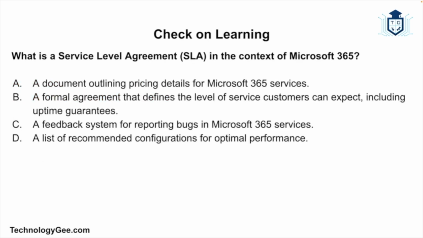Next question. What is a service level agreement in the context of Microsoft 365? Is it a document outlining pricing details for Microsoft 365 services? Is it a formal agreement that defines the level of service customers can expect, including uptime guarantees? Is it a feedback system for reporting bugs in Microsoft 365 services? Or is it a list of recommended configurations for optimal performance?